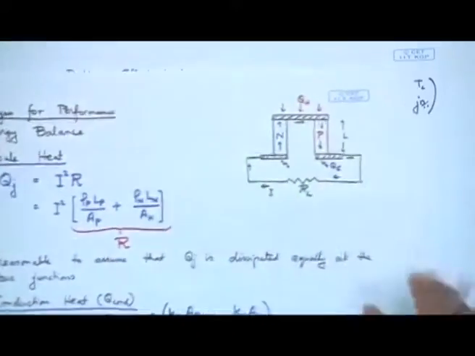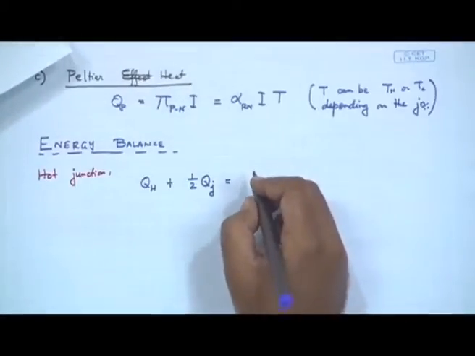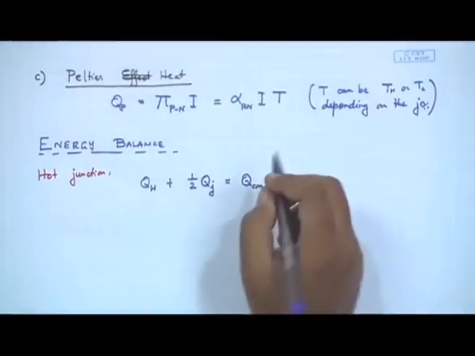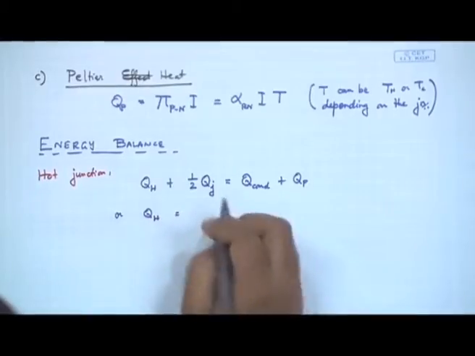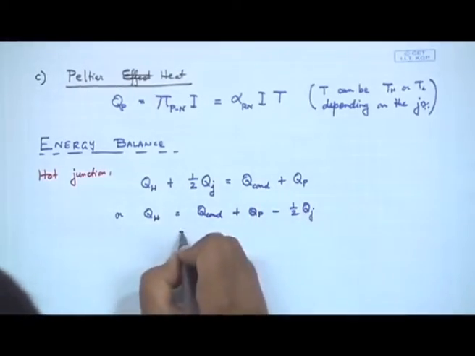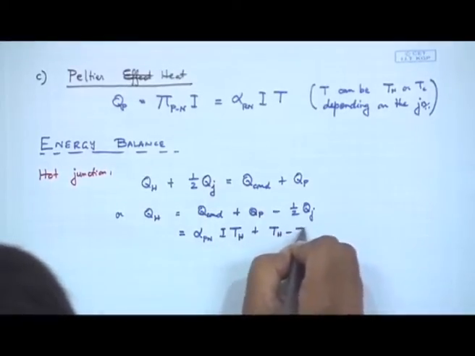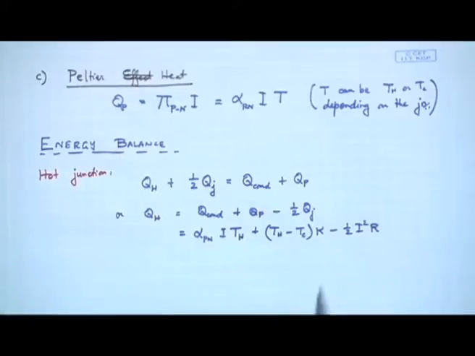Let me bring back the schematic. QH is an input, Qj is an input. What is going out of here? The conduction heat will be from the hot junction to the cold junction, so I will write it as Q conduction. And what else? This is a hot junction, so the Peltier heat has to be constantly removed in order to keep the temperature at TH. So, Qp. Let us rearrange this. I will go a little fast now. This will be Q conduction plus Q Peltier minus half of Qj, and we can write it as alpha Pn I Th plus Th minus Tc times K minus half I squared R. Remember, K and R we have already defined.